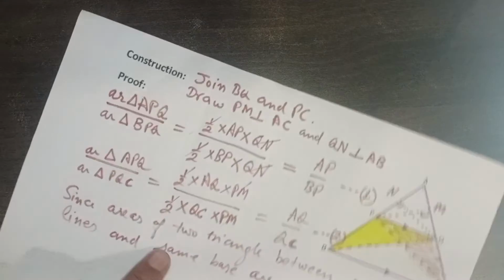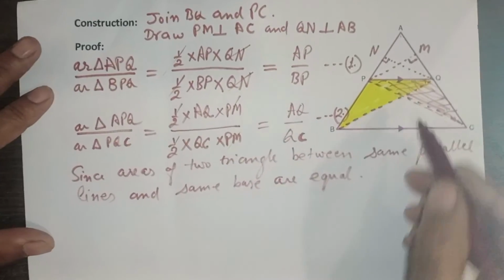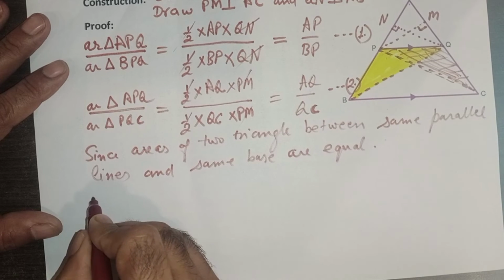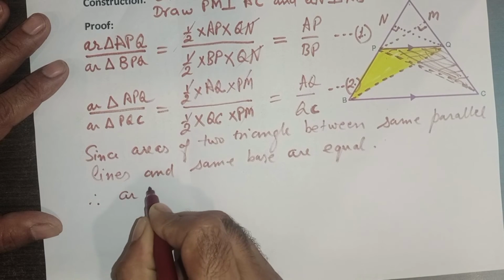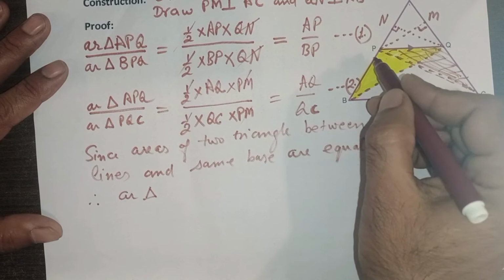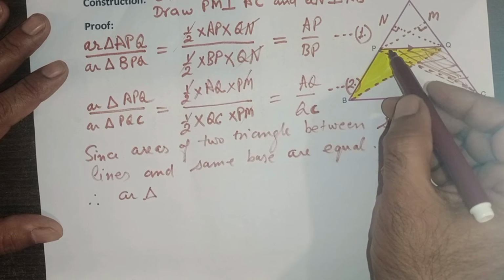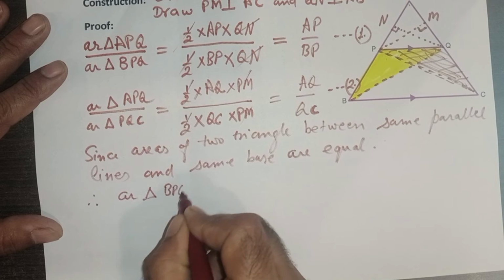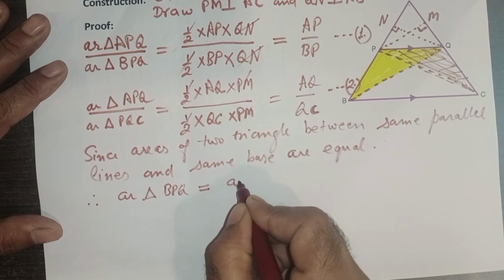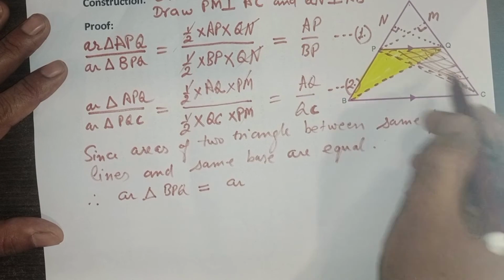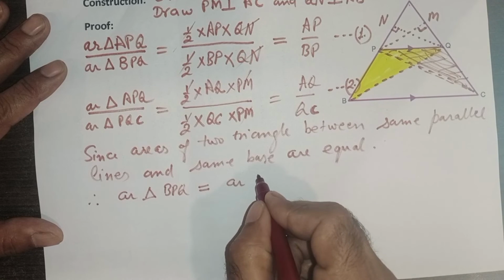Right? So here also, that is why the area of these 2 triangles will also be equal. Therefore, area of triangle BPQ, yellow, is equal to area of the other triangle, brown one, its name is PQC.